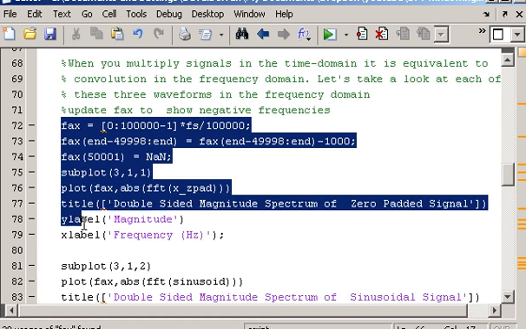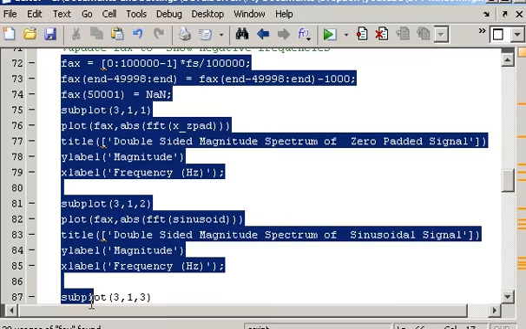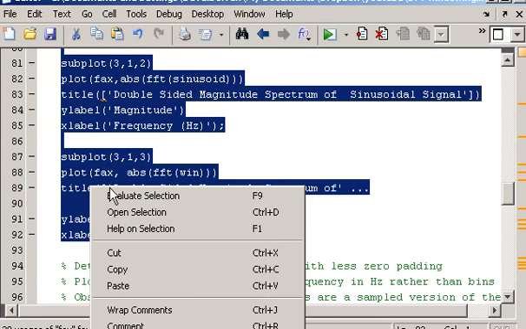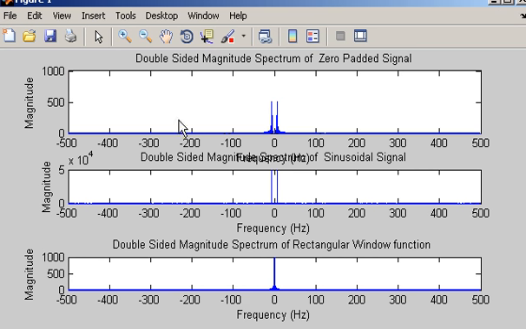It might take a bit of time going through it later on, but what I'm going to do is plot what is known as the double-sided magnitude spectrum of those time domain waveforms, and there are the double-sided magnitude spectrums of those waveforms, and you can see that we have both negative frequencies and positive frequencies shown.